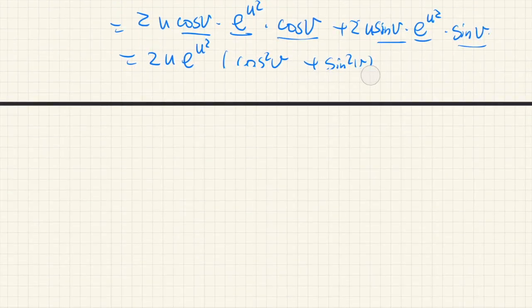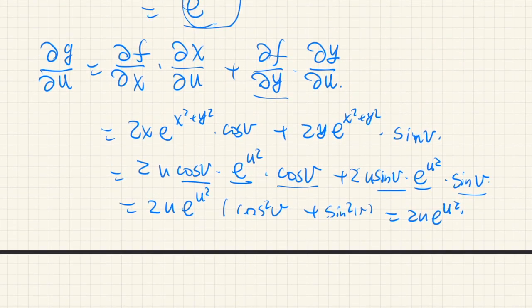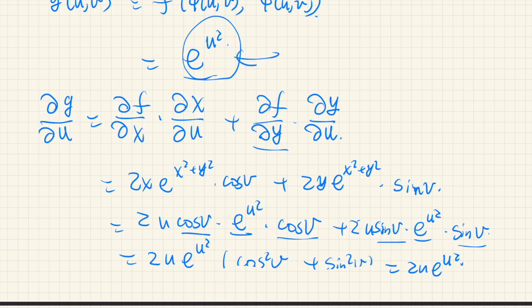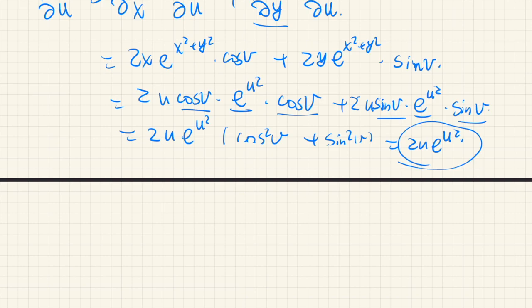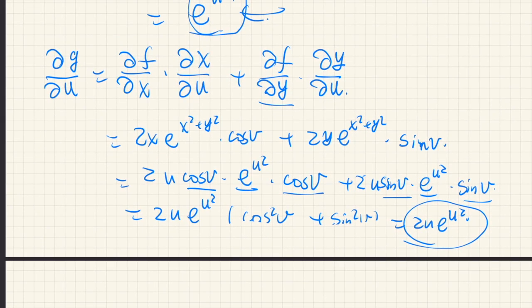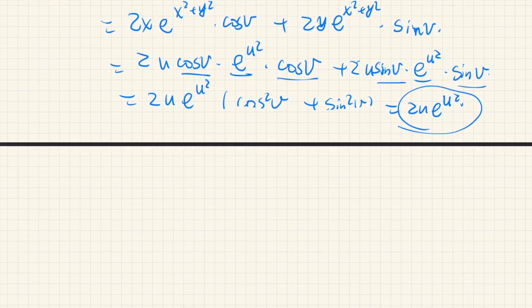And so this one is just 1, so we have 2u exponential of u squared. Okay, but if you just differentiate this one with respect to u, then you have the same thing here. See?